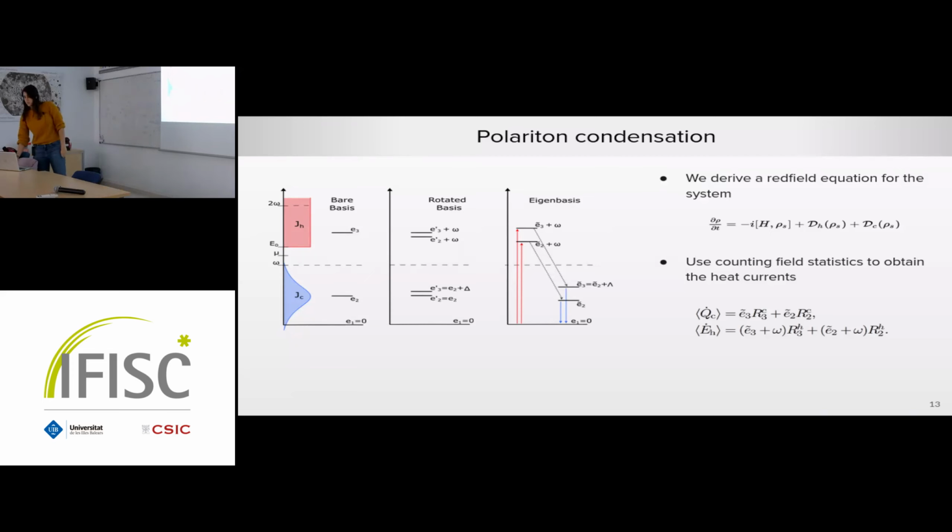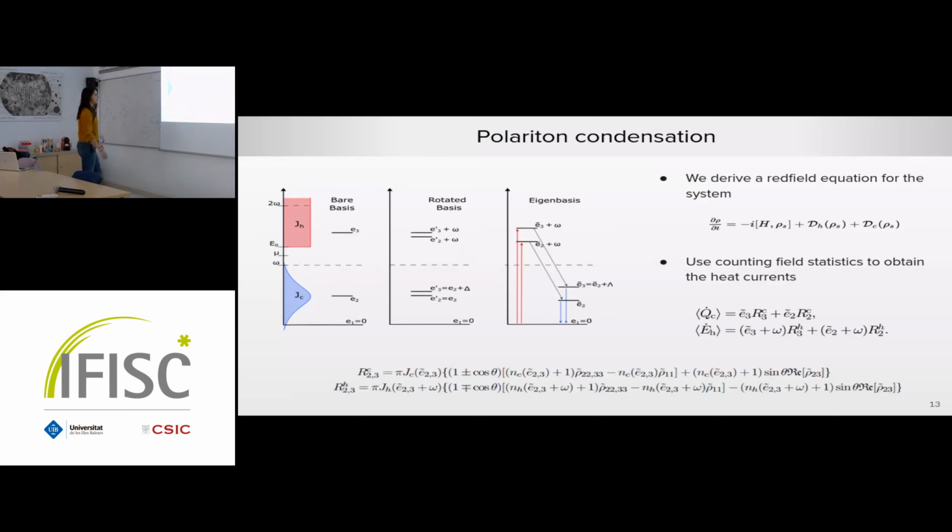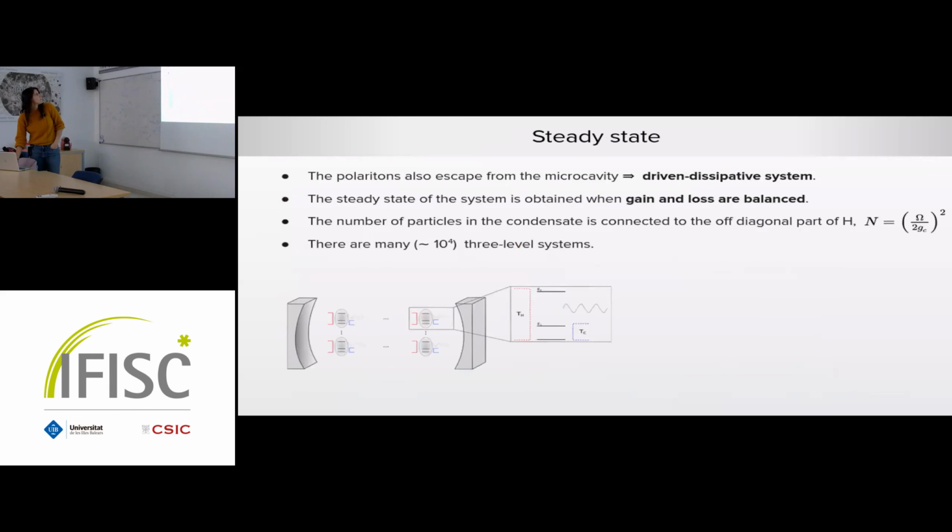Well, the rates are a big expression, but the main idea is that you have one term that corresponds to semi-classical scattering, so you have the stimulated emission and the absorption, and then you have this other term here, which is some sort of interference term that you get from the Redfield equation.